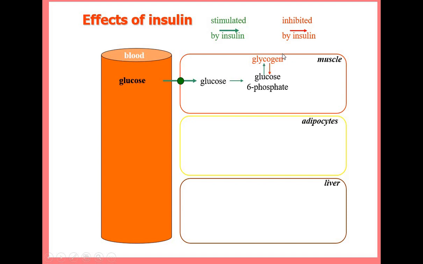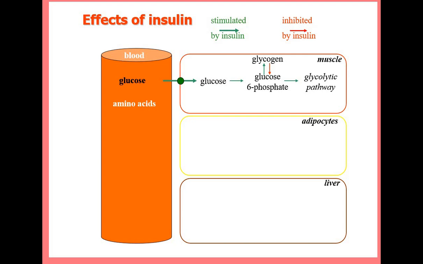Glycogenolysis: lysis refers to breakdown, and glycogeno refers to glycogen. So the reverse process, that is formation of glucose from glycogen, will be inhibited by the presence of insulin. Similarly, this glucose can also be utilized by the glycolytic pathway. So overall, the utilization of glucose for ATP, or extra glucose being converted to glycogen, these processes are stimulated by insulin in muscles.